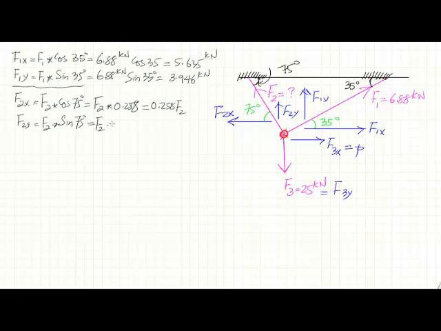Same goes here, f2 multiplied by 0.966, so the answer is 0.966 f2.